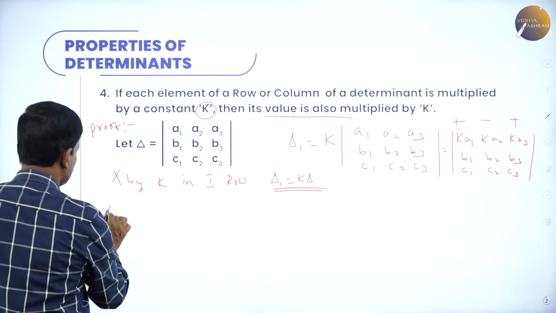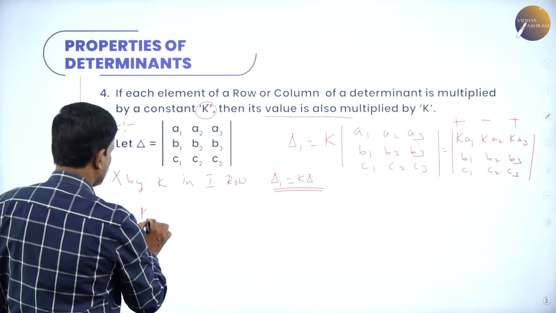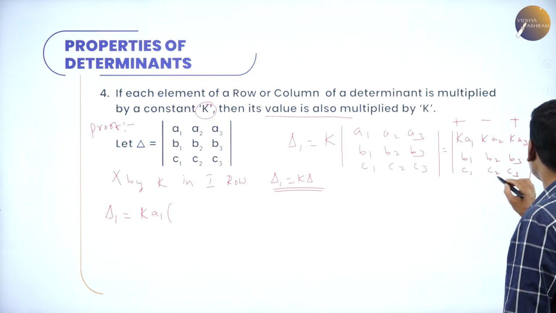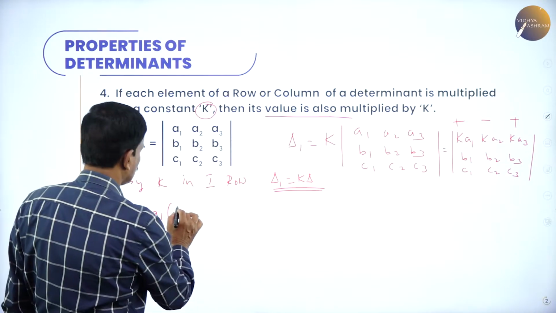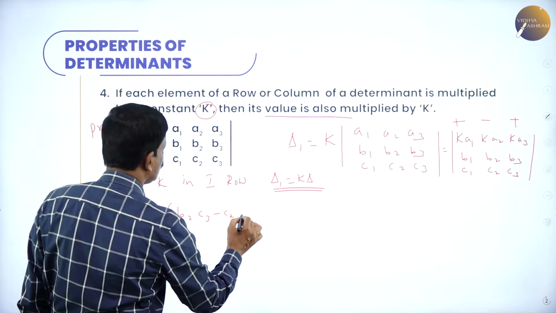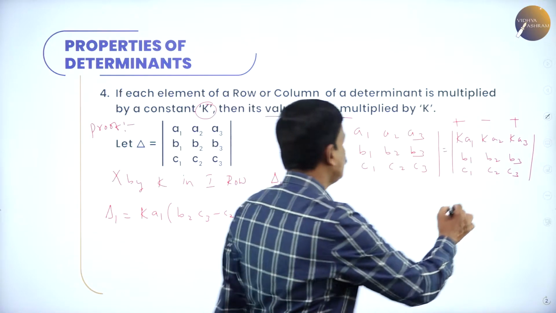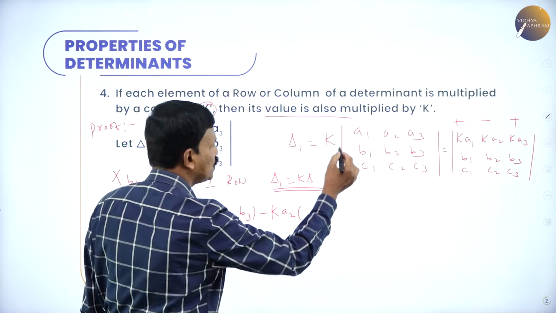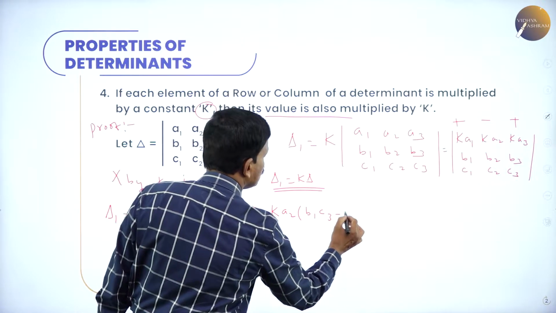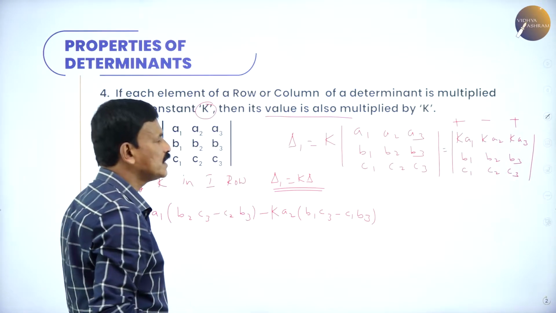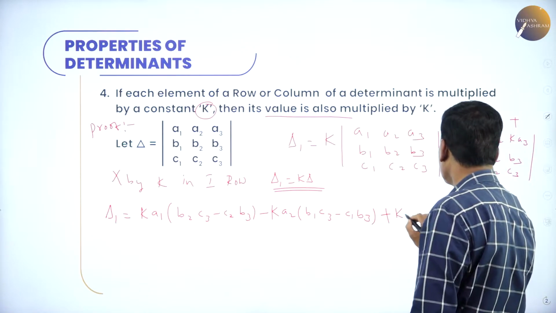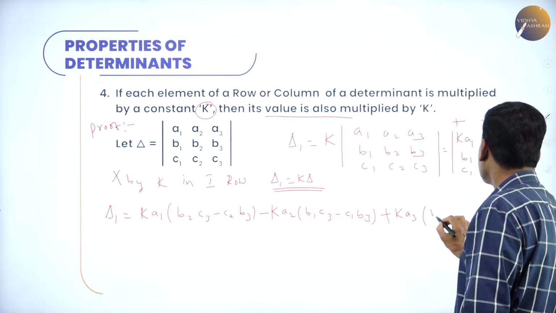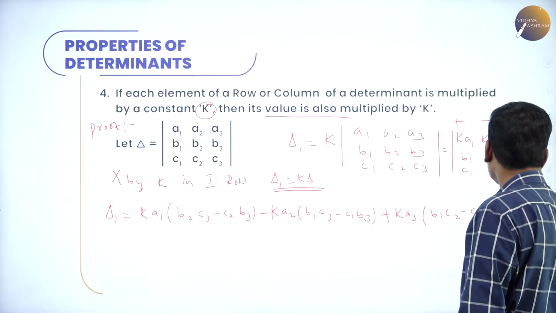Delta 1 is equal to k into a1, deleting the row and column containing this, b2, c3 minus c2, b3, minus the second element k into a2, deleting its row and column, b1, c3 minus c1, b3, and the last, plus k into a3, deleting its row and column, you get b1, c2 minus c1 into b2.